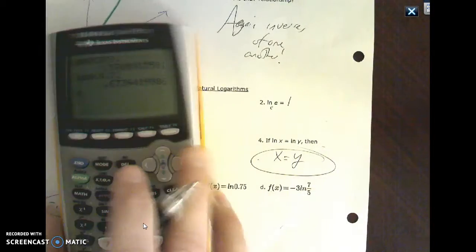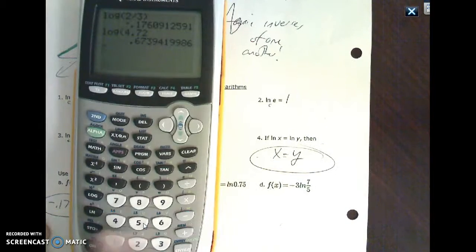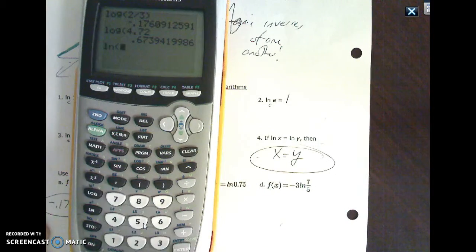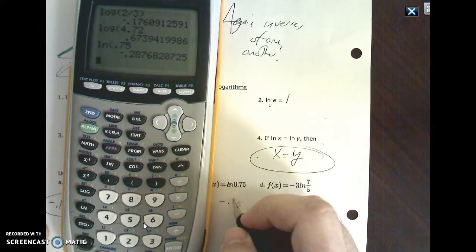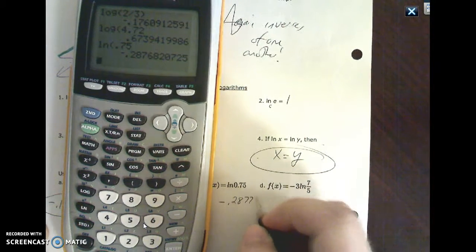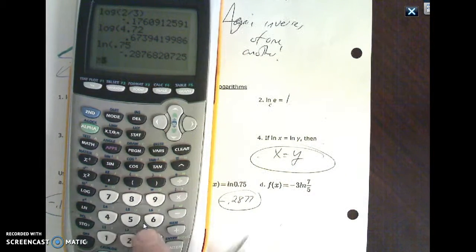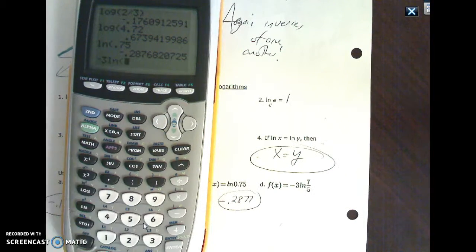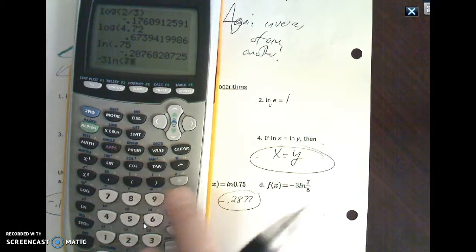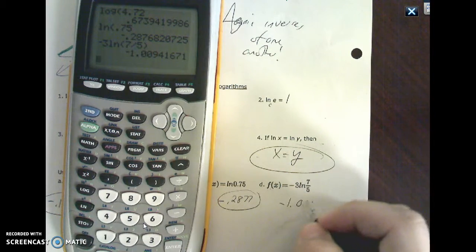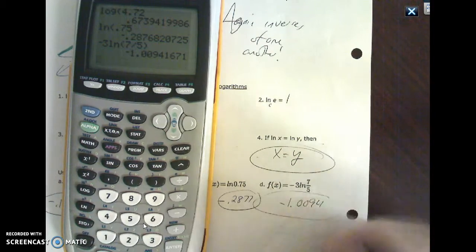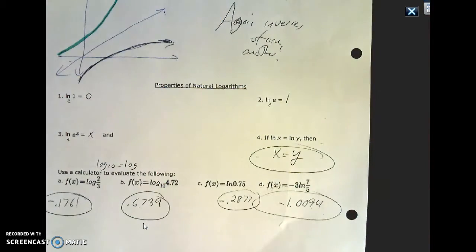The last two are natural log, which is just the other button. Let's see, negative 0.2877. And lastly, negative 3 natural log of 7/5. Negative 1.0094.